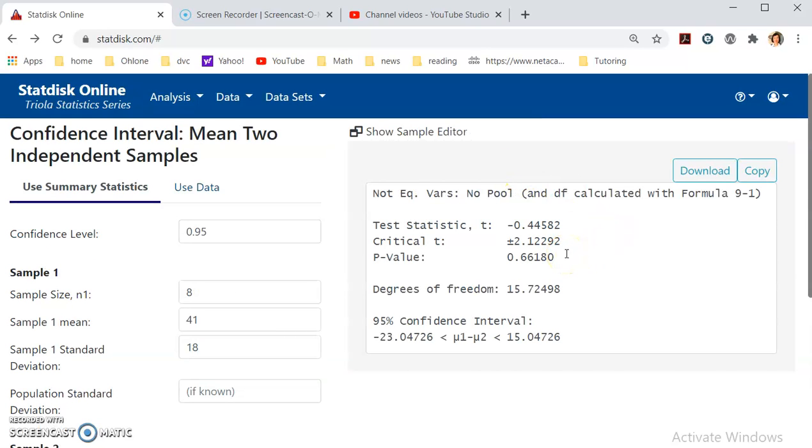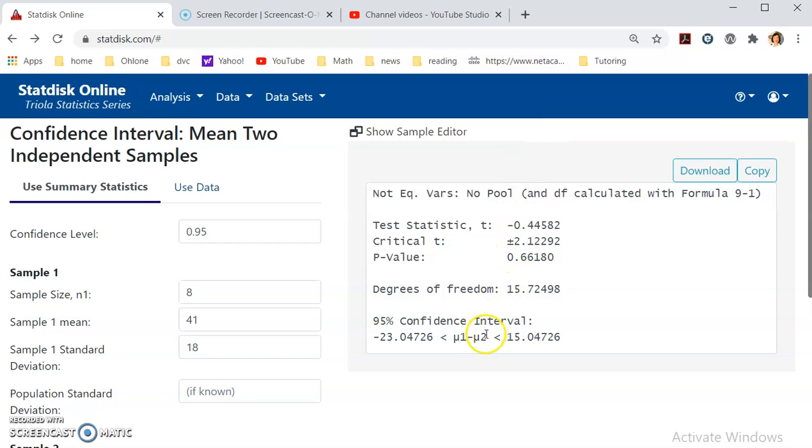The 95% confidence interval for mu1 minus mu2 is negative 23.05 to 15.05, right? And you can see the degrees of freedom is 15. It is not 8 or 12.